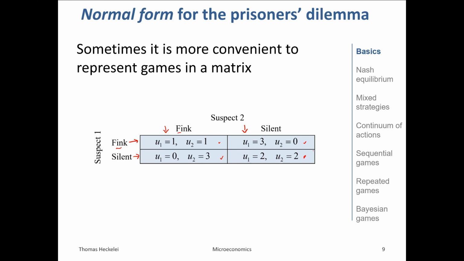Later, we will see how to solve the game. But for now, we are done with the first task. The first task is to identify the elements of the game. We have the players, which are the suspects. We have the possible strategies, think or silent, for both parties, and we also define their payoffs and put it into a simplified model, right?